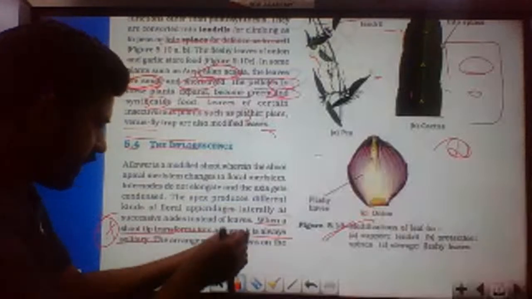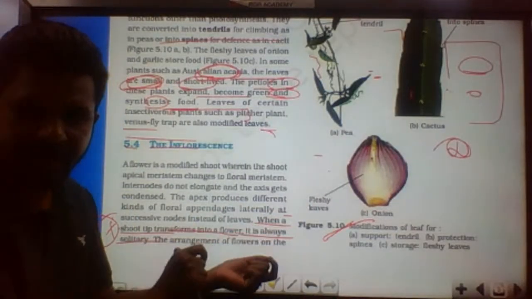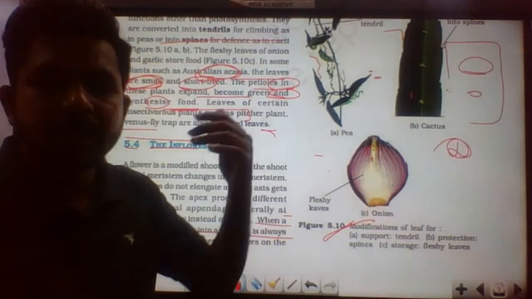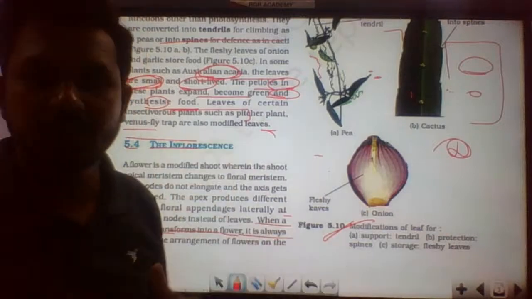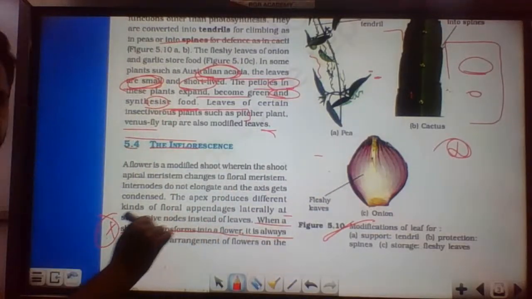A question may be given exactly as it is here, with this sentence as a statement, and they ask us to select whether it is correct or incorrect. So it's very important.